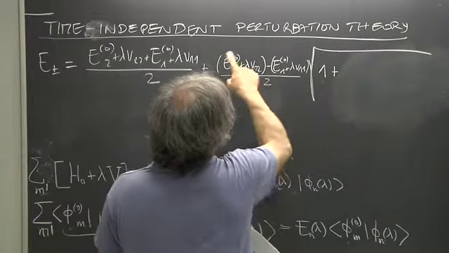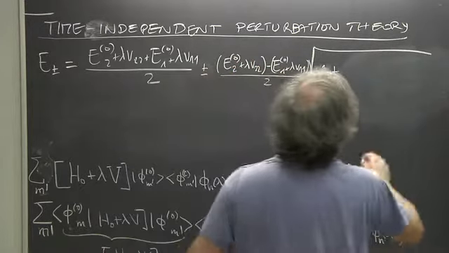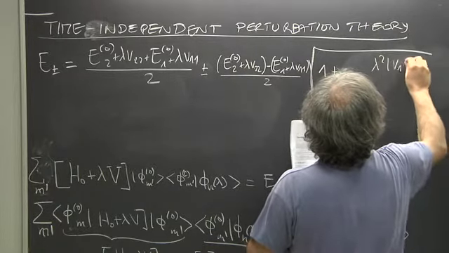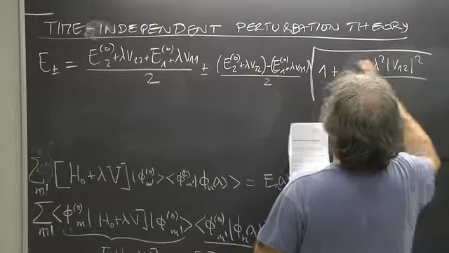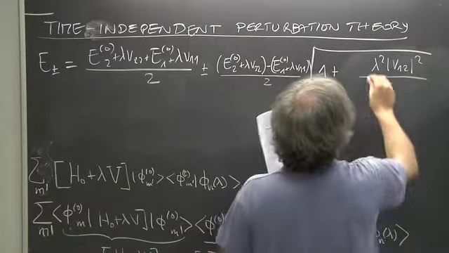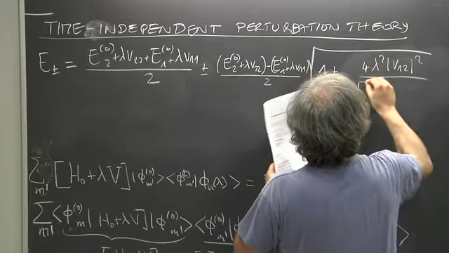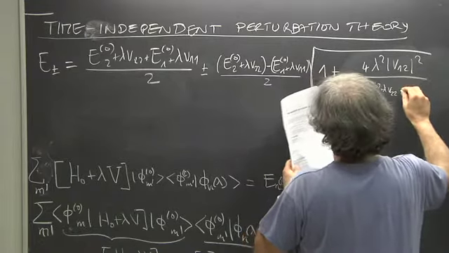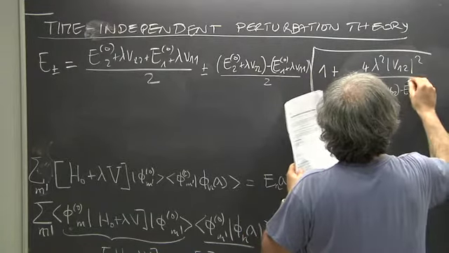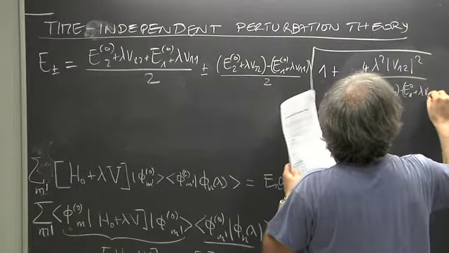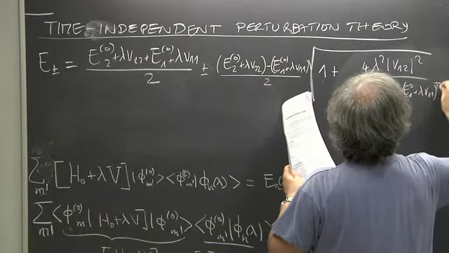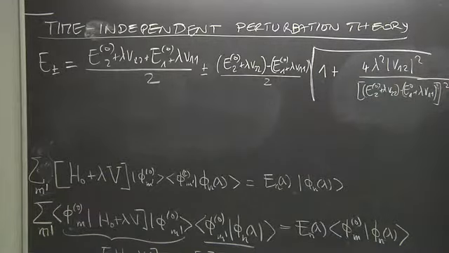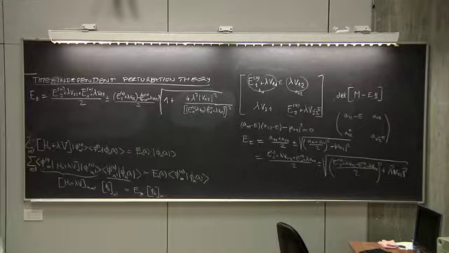E02 is greater than E01, so I write it with this sign, okay, plus lambda square V12 square divided by the square of this, so times 4, E02 plus lambda V22 minus E01 plus lambda V11 square. Is this clear to everybody? I've just done very, very trivial algebra from the solution of the 2 by 2 problem.